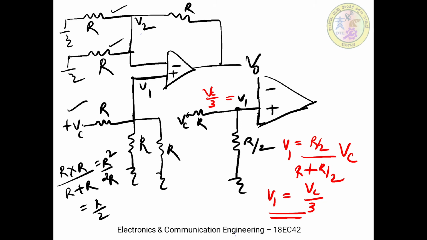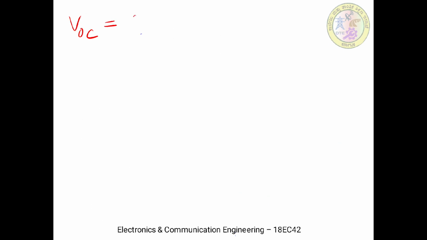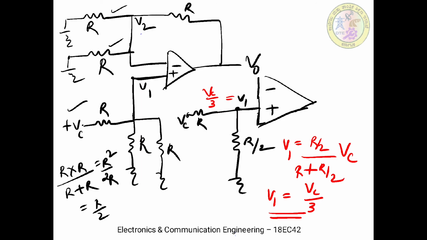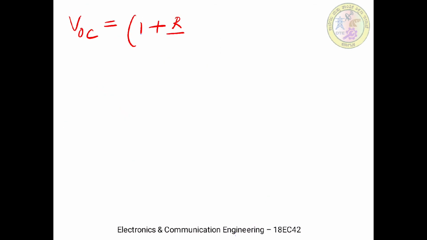The circuit is in the non-inverting configuration, therefore VOC will be equal to 1 plus R2 by R1 or RF by R, but all the resistor values are R here. Now we have to reduce at the input side also. These two resistors are in parallel. So R into R by R plus R, its effective value will be equal to R by 2.